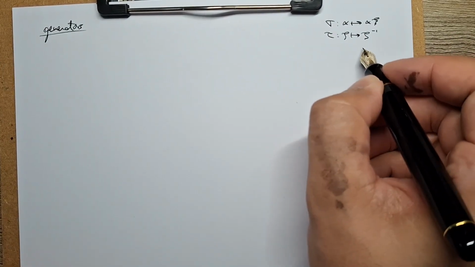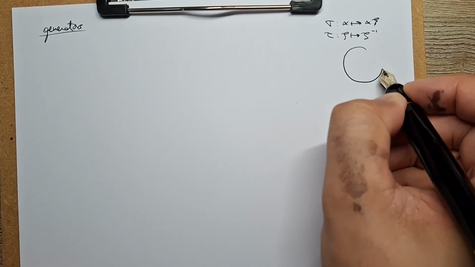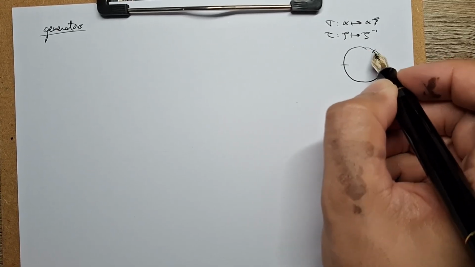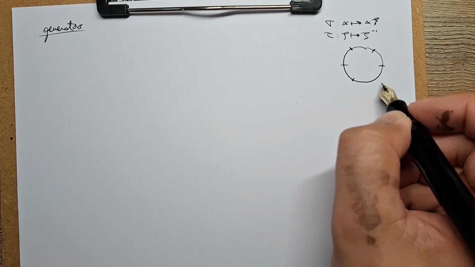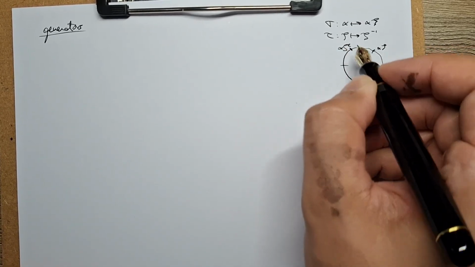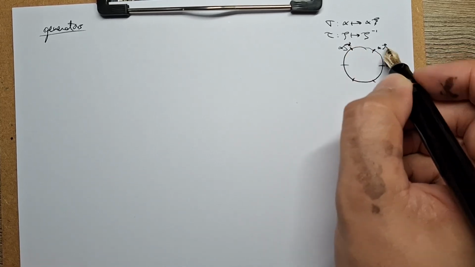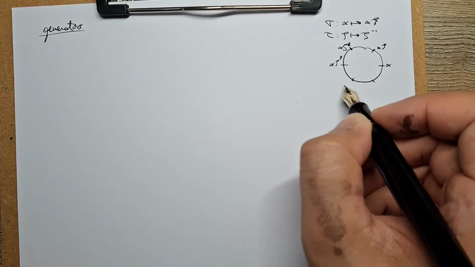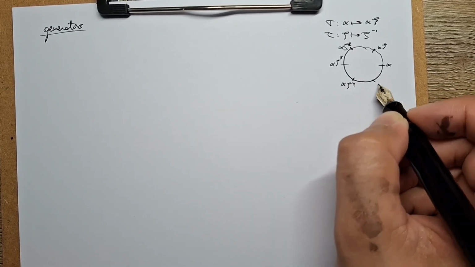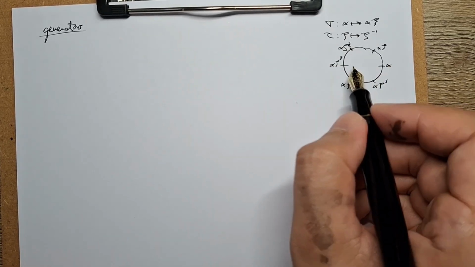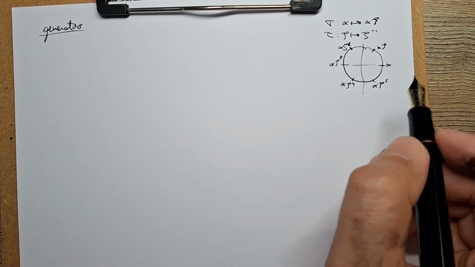Also this will be useful: we'll draw here the unit circle with all the roots that we had: alpha, alpha theta, alpha theta to the square, alpha theta to the cube, alpha theta to the fourth, alpha theta to the 5.